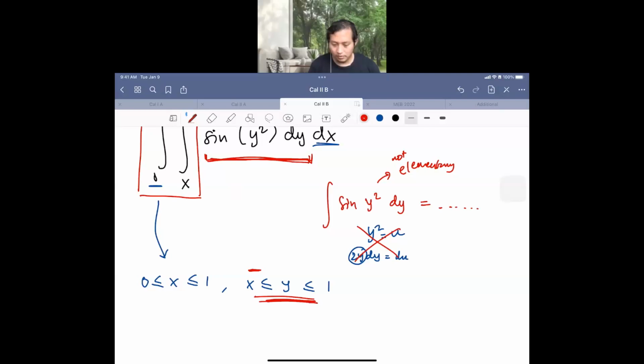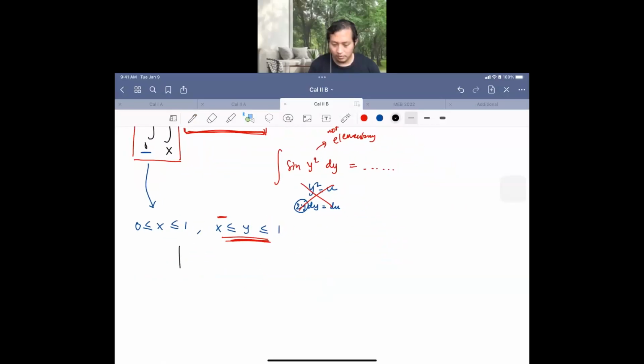Okay, so if we draw it in a more imaginable way for this domain, we could say that from 0 to 1, that is our x, right? And let's say we have the line y equals x. Now we have at least two possibilities for this area, which means it can be this area or this area.